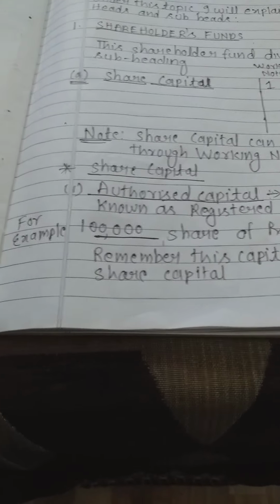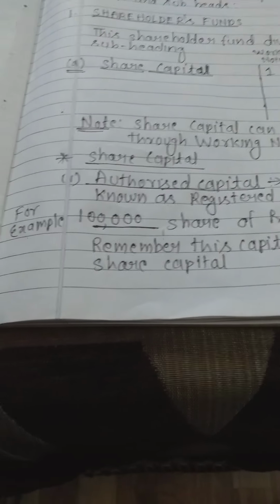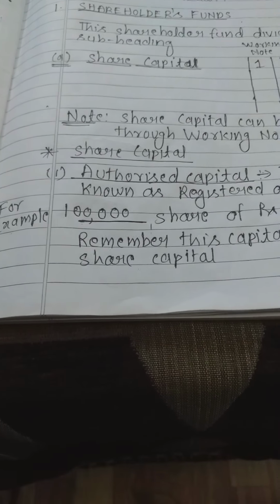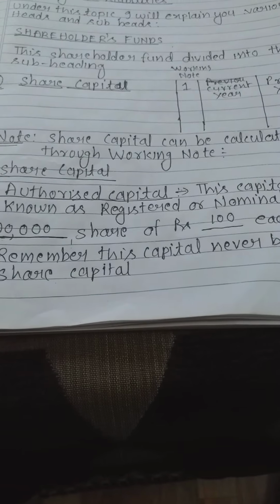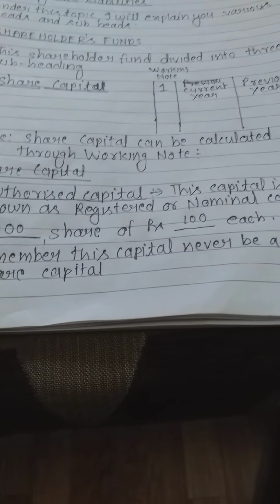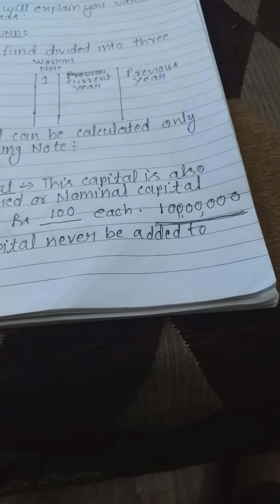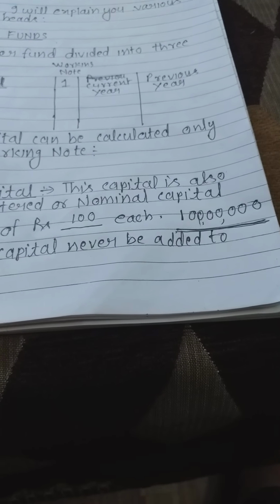Here, through an example, I am telling you the concept. For example, 1 lakh shares of rupees 100 each have been authorized. That means total authorized capital is 1 crore.